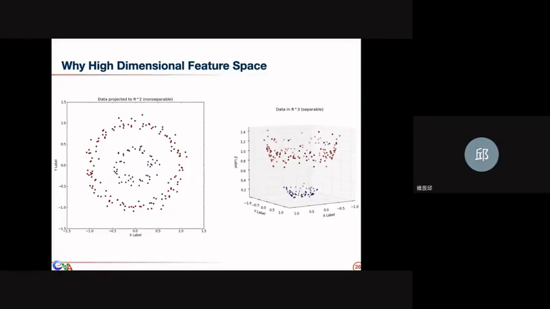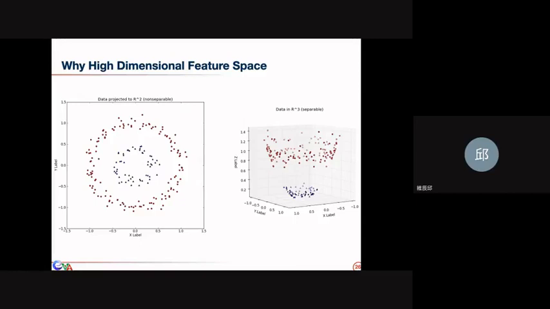But why do we want to have the high dimensional feature space? Let's consider a simple case and give you an intuition. For example, you have such a data set. This data set is a 2D data set. You have those red dots, and you also have those blue dots.